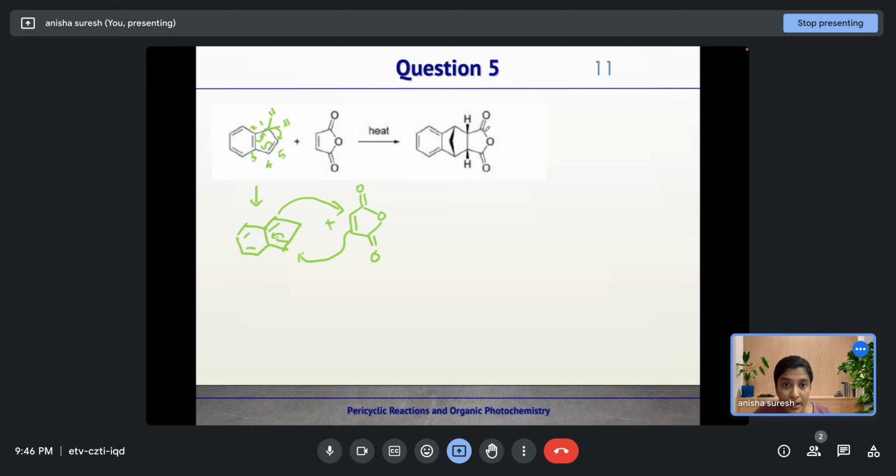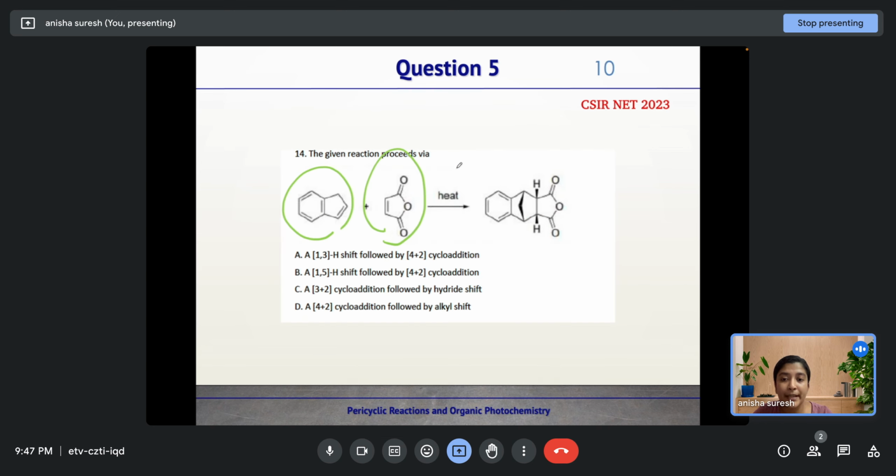So here, since endo addition will be taking place, these carbonyl groups will be coming from below the plane. That is why the hydrogen is represented above the plane. So the first step that is taking place is 1,5 hydrogen shift and then a 4 plus 2 cycloaddition reaction giving the desired product. So option B is the right answer.